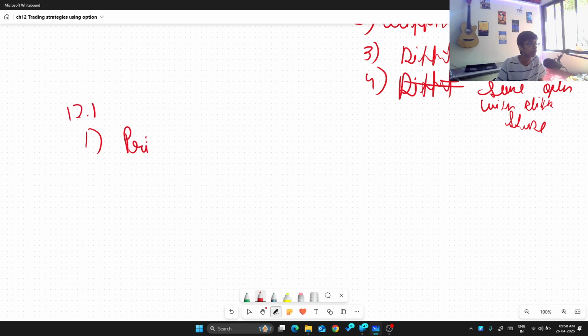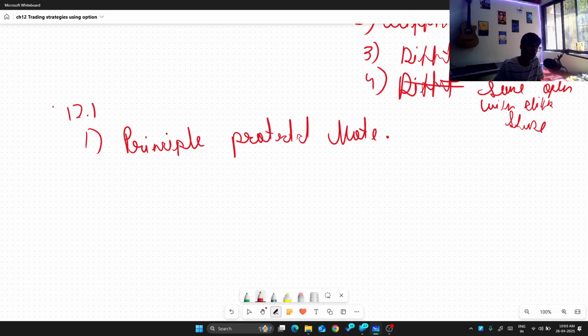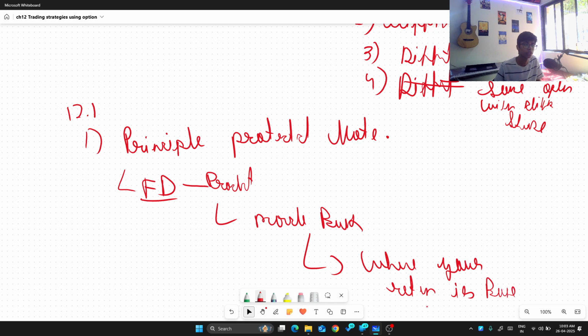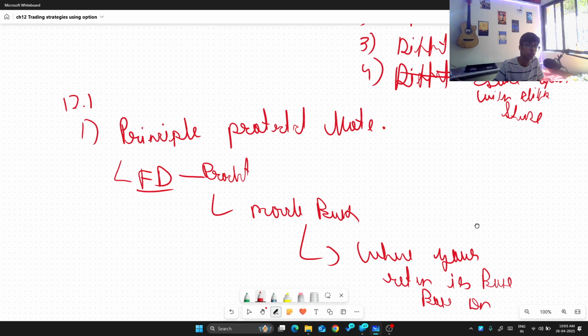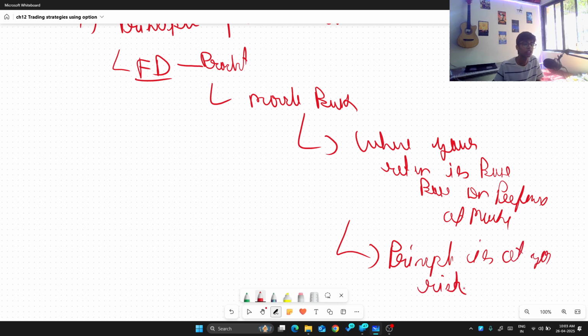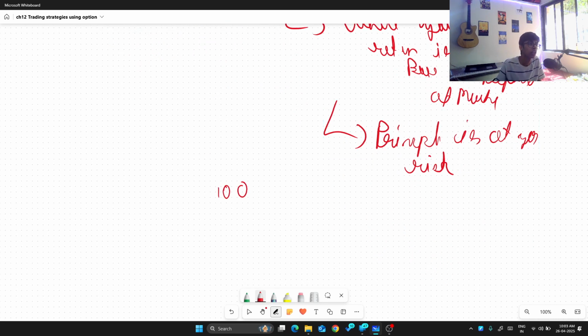Start with the principal protected note. A principal protected note is a financial product made by a bank where your return is based on the performance of the market, but your principal, the invested amount, is not at risk. As a simple case, if you invest 1,000 rupees and the market performs well, it gives you a return, say 1,010 rupees.